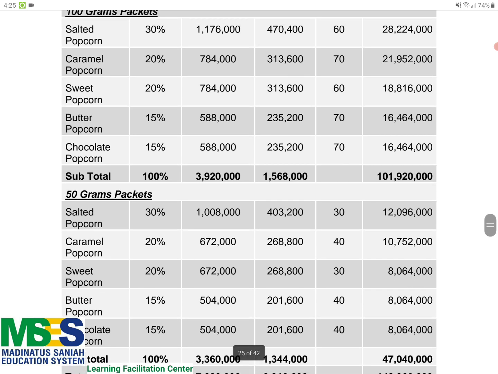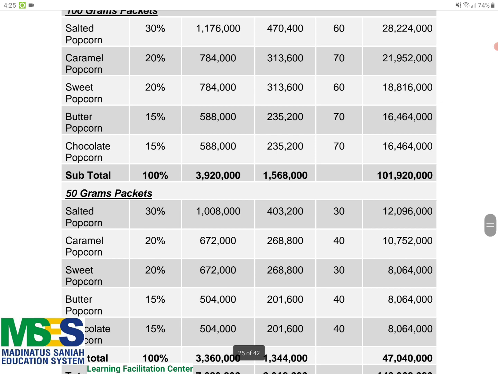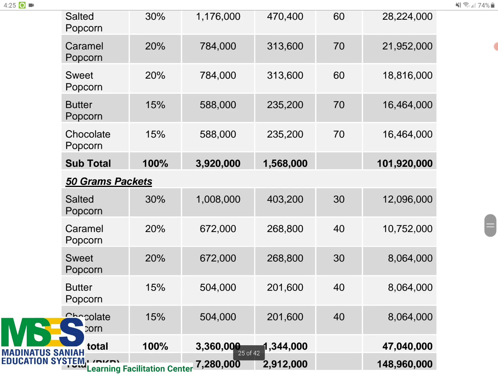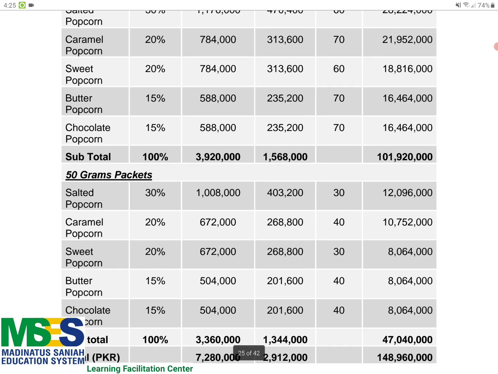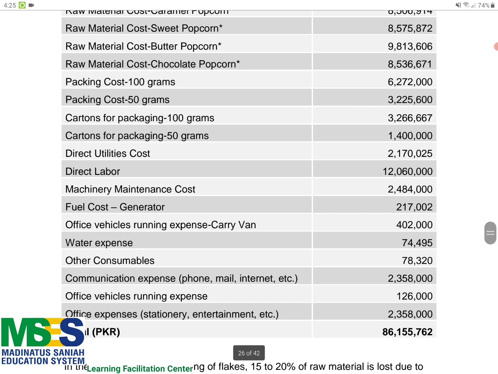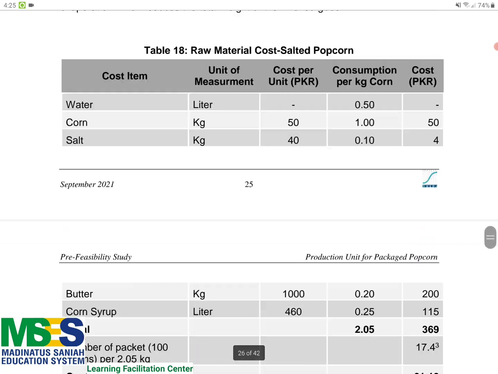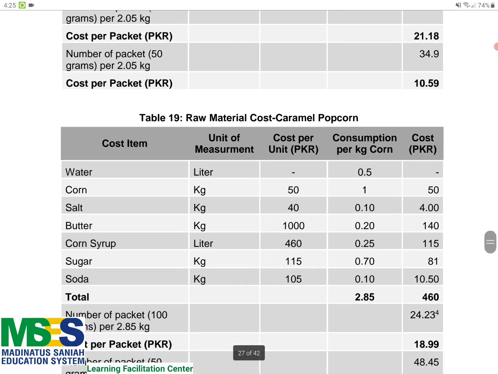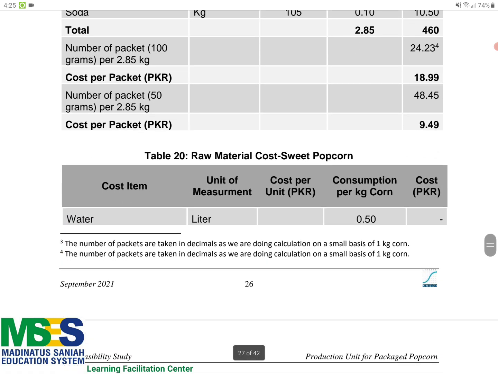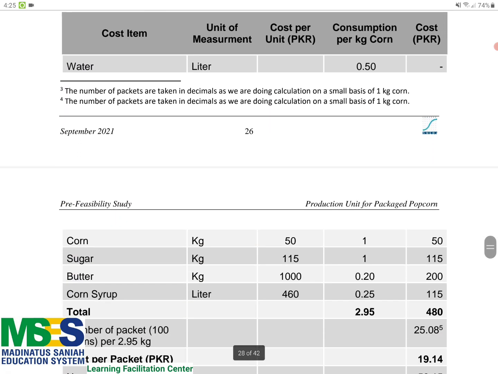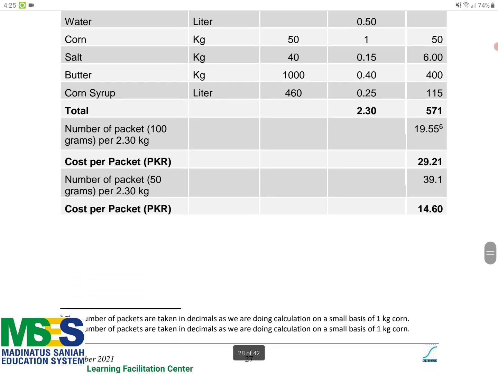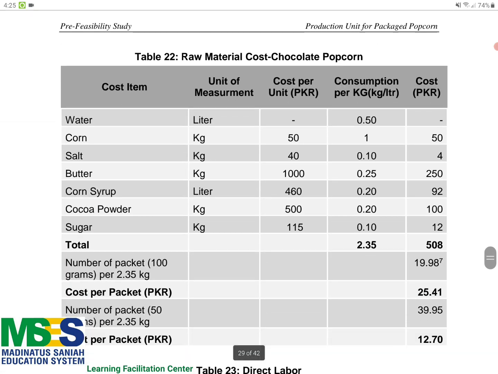I would like to move on, probably on page number, I need to see the revenues. We have seen the expenses. I want to see the revenues. So where is it, let me move forward. Fixed costs, revenues.